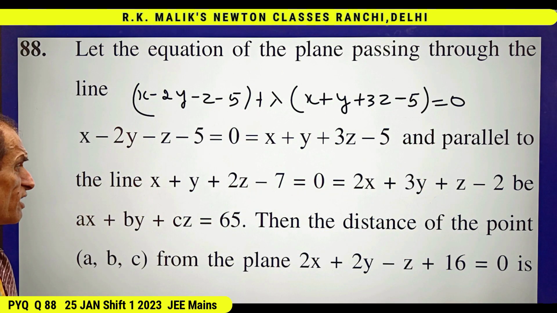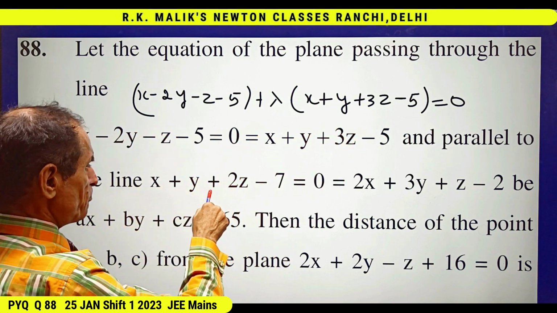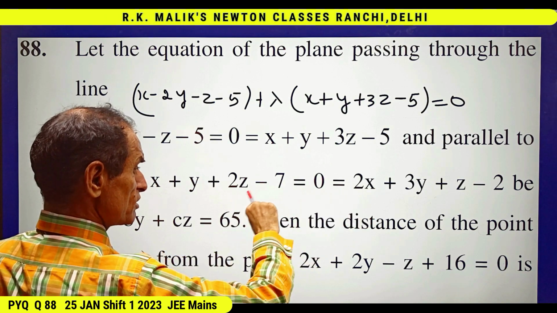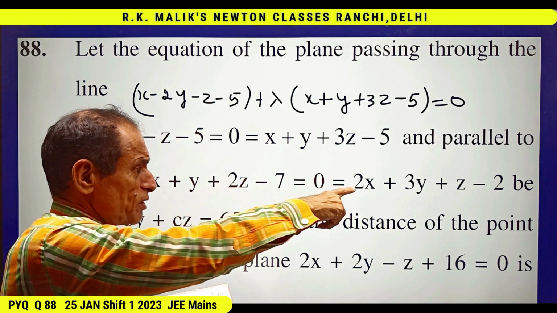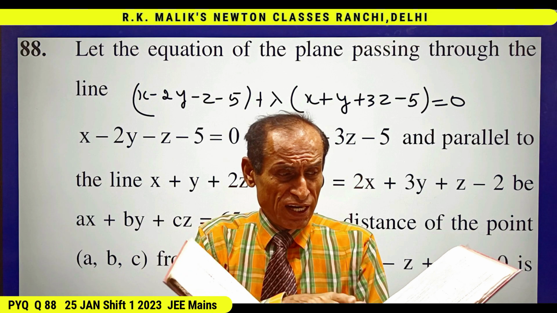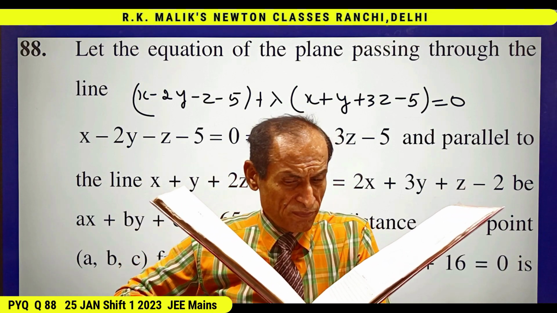And further it is given that this plane is parallel to this line. Suppose this plane and this plane are being represented by this, and this is the line of intersection.